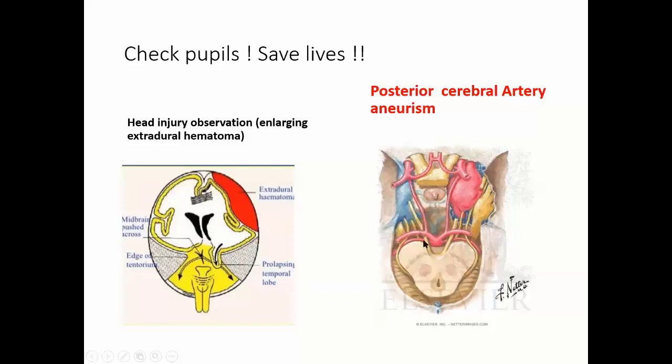The other instance where pupil examination is very important is in patients whom you suspect posterior communicating artery aneurysm. There, you get a third nerve palsy, like in the picture of the younger lady there. You get gradual onset ptosis and extraocular muscle palsy, and this is because of an enlarging aneurysm sitting on the third nerve.